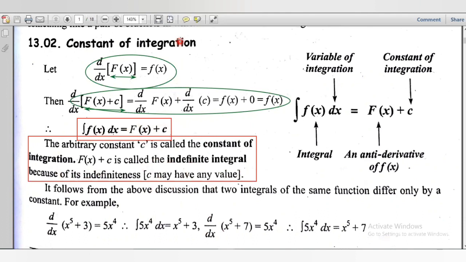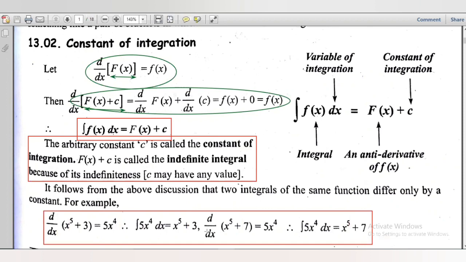You can go through the examples, and they will provide us a very strong concept of integration. So listen to me, everybody.